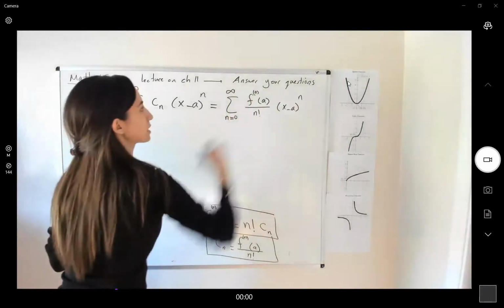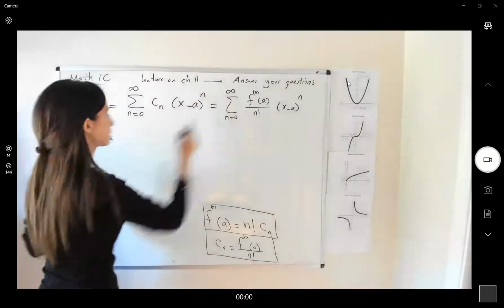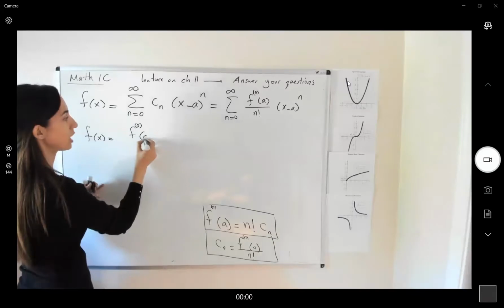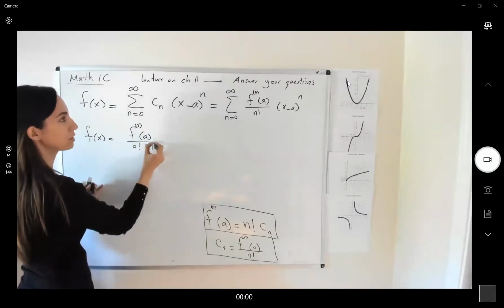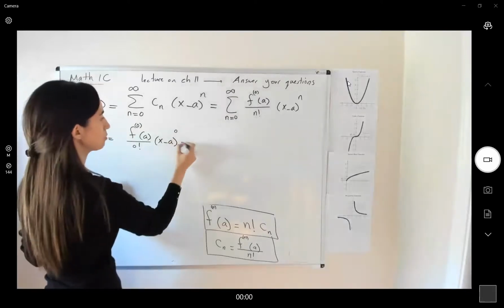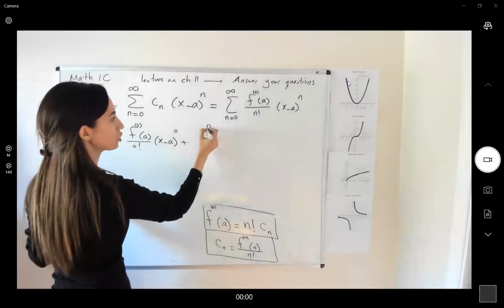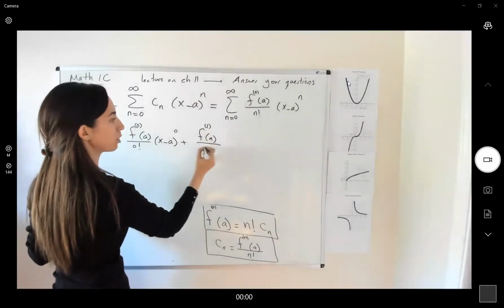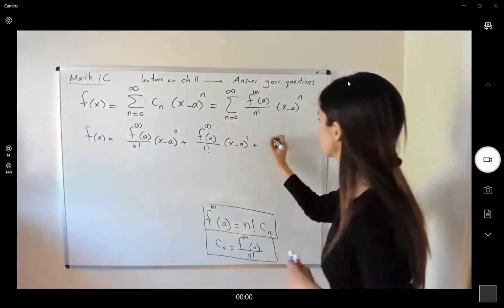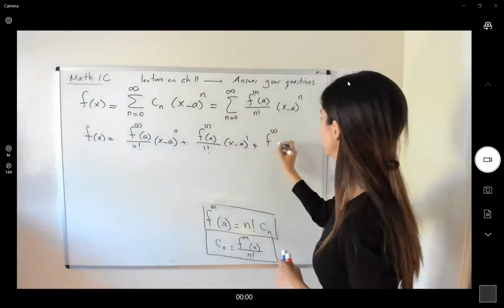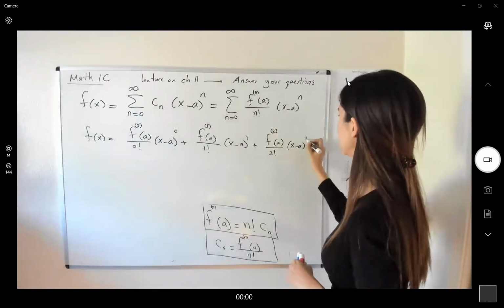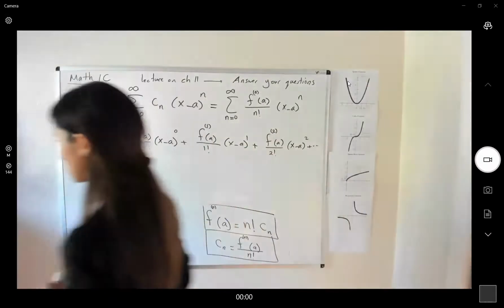If I write this in expanded form, plugging in 0, I get the 0th derivative of the function at a divided by 0 factorial times x minus a raised to 0, plus the first derivative of the function at a divided by 1 factorial times x minus a to the first power, plus the second derivative of the function at a divided by 2 factorial times x minus a to the second, plus the rest of them.